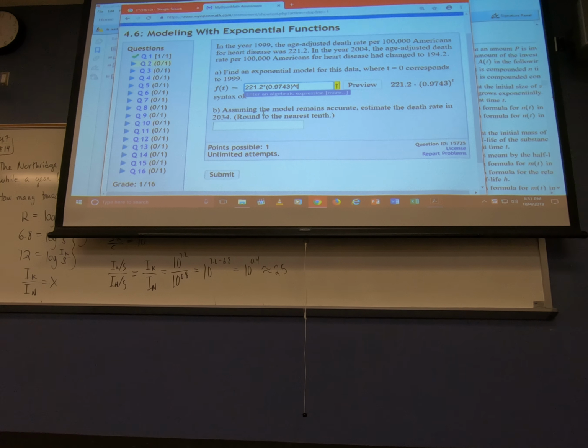Well, that's going to be 35 here, right? And that's a big assumption, by the way, that the model remains accurate. In fact, that's sort of, what do you call that? It's a rhetorical device. If you say that it remains accurate, that means that it was ever accurate in the first place, which just because it fits these two data points doesn't mean it's accurate.